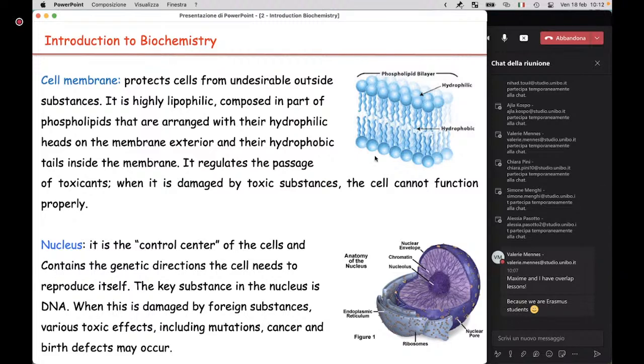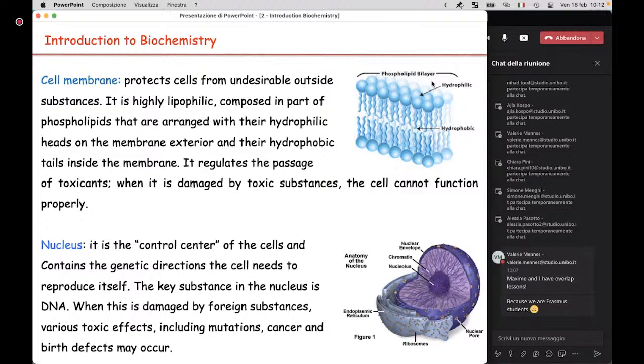And so, since everything in our body is in contact with water or with some aqueous solvent, the cell membrane is auto-organized in this kind of structure. It is a double layer, two different layers of phospholipids with the hydrophilic heads towards the water.